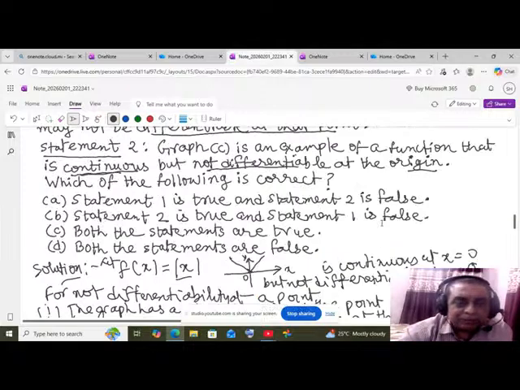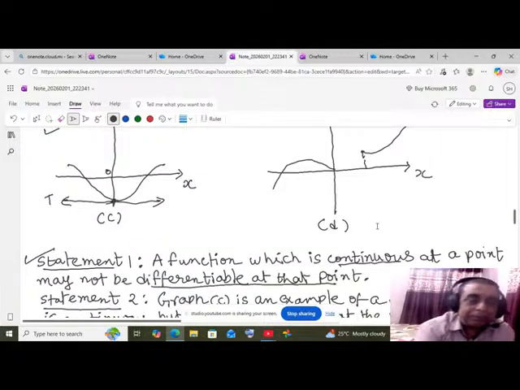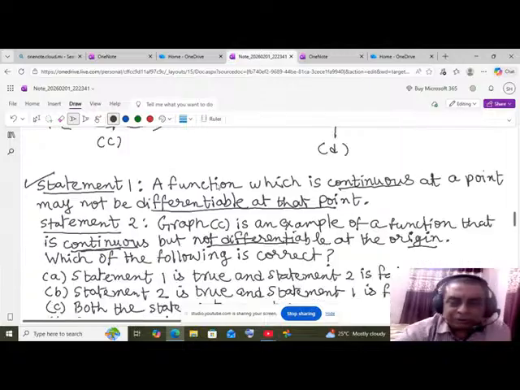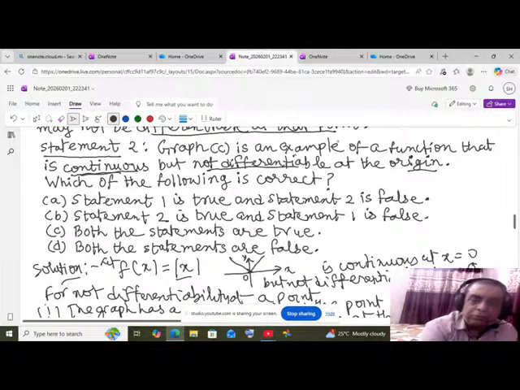Here the graph is not vertical, it is curved, so this is false. The statement says it is not differentiable at the origin, but it is differentiable. So statement B is false.